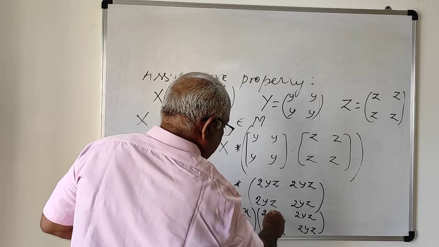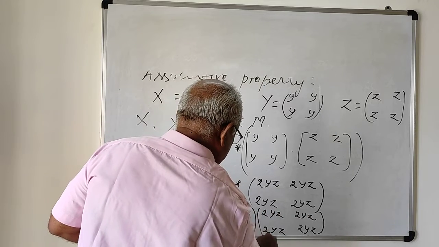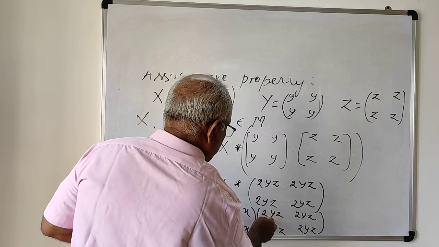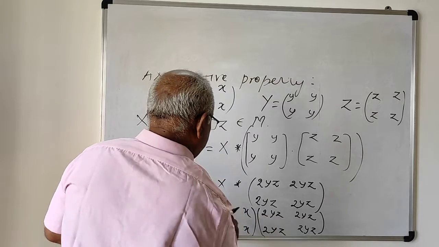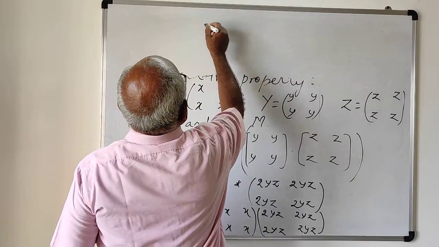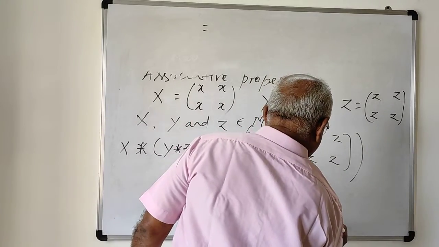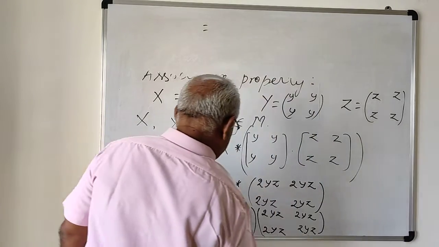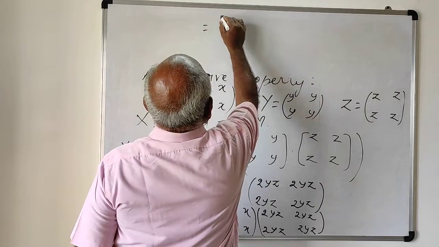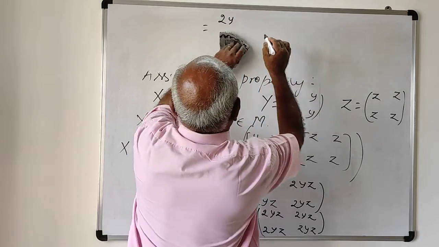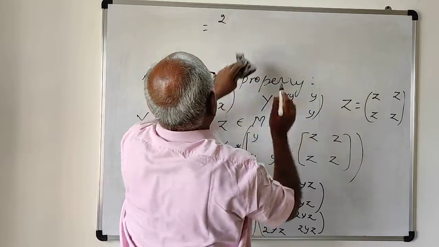First row, first column: X into 2YZ, that is 2XYZ.